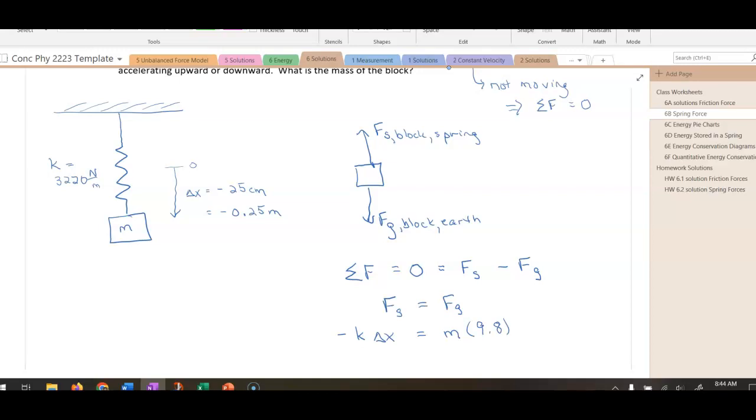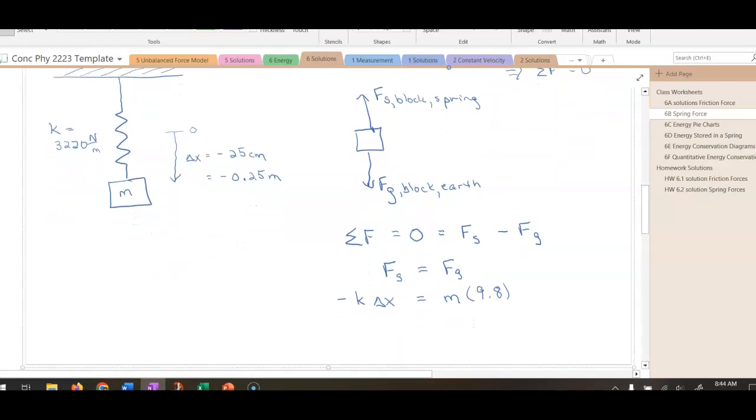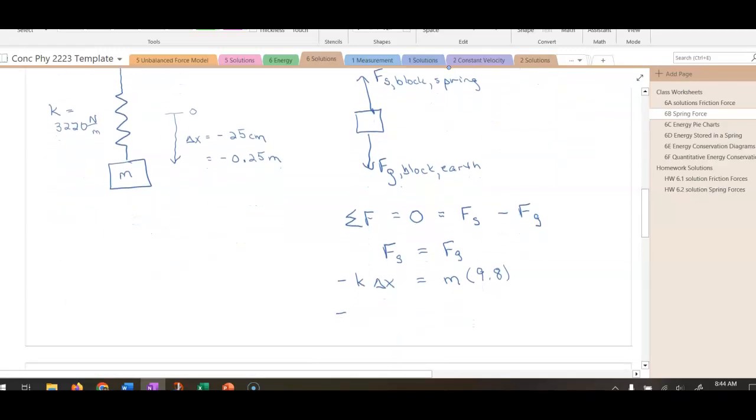Okay, so let's see here. They gave me a spring constant of 3220. The displacement was negative 0.25 meters. And therefore the mass, notice how these two negatives cancel here, right?